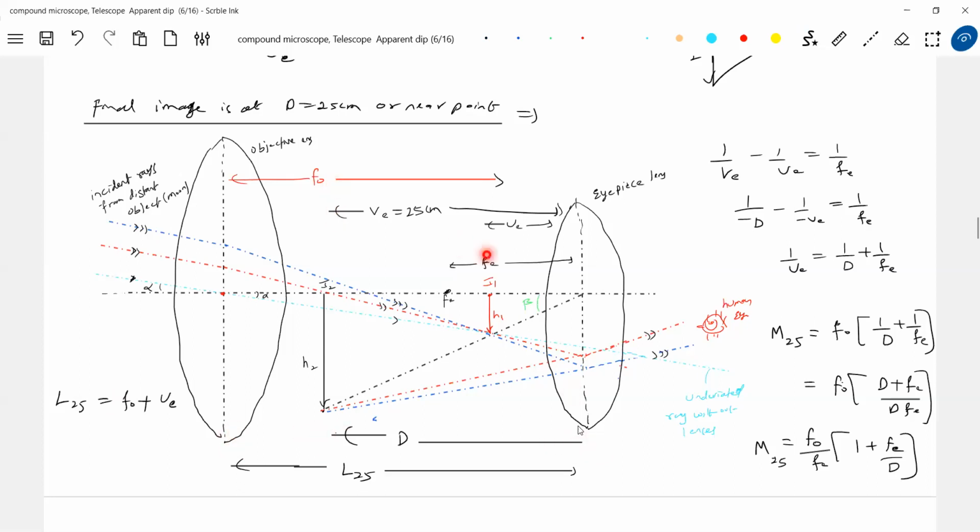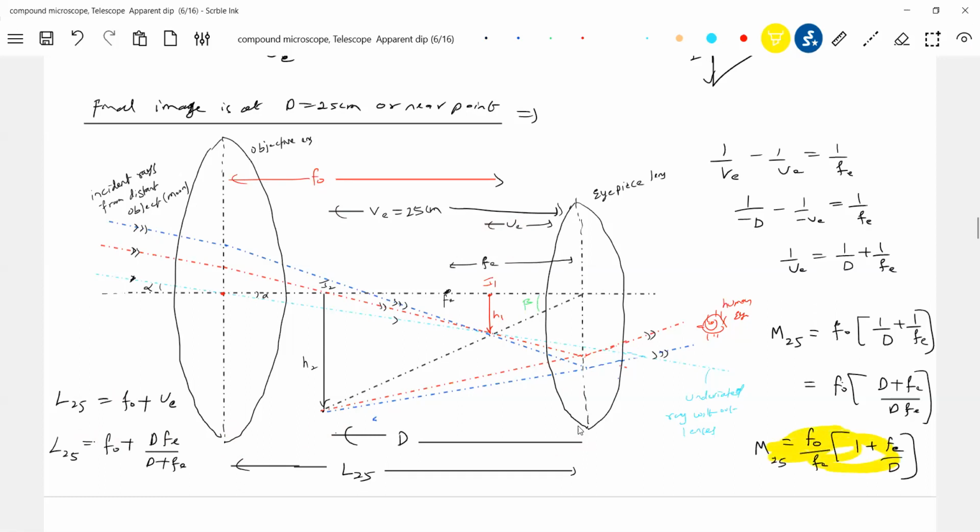So F naught plus this distance UE. What is UE? We have the value here: UE should be equal to DFE. Okay, these are the two formulas.